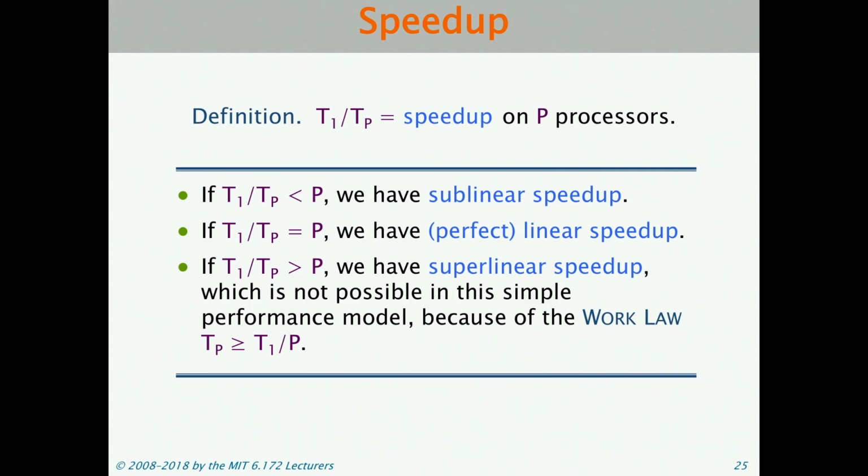In practice, you might sometimes see a superlinear speedup because when you're using more processors, you might have access to more cache, and that could improve the performance of your program. But in general, you might see a little bit of superlinear speedup, but not that much. And in our simplified model, we're just going to assume that you can't have superlinear speedup. And getting perfect linear speedup is already very good.